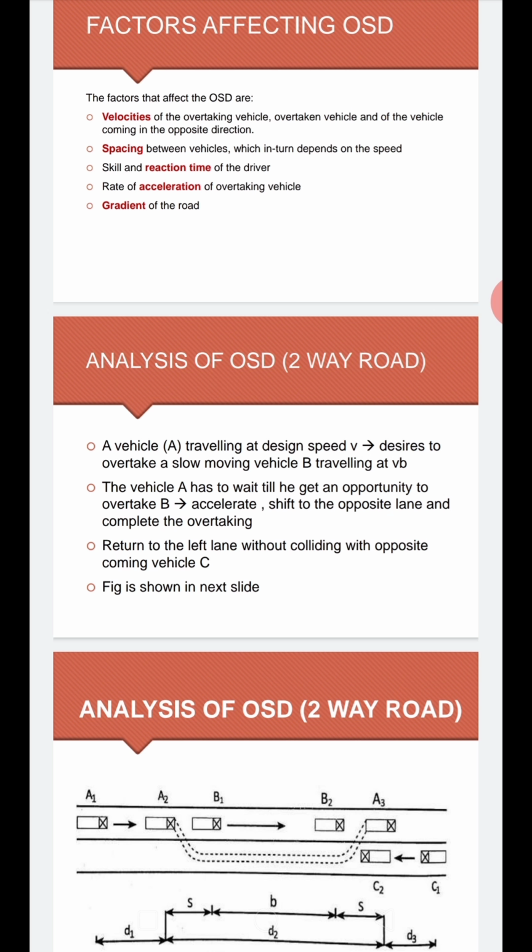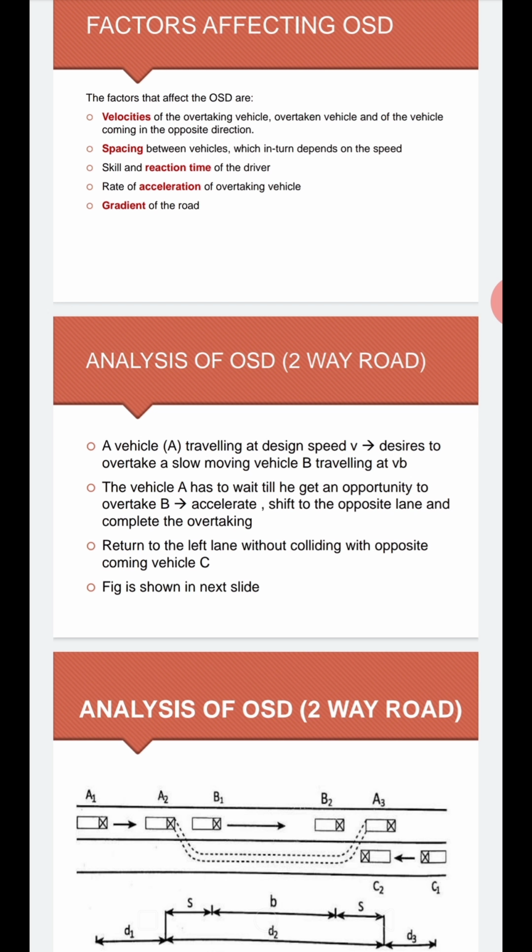If the driver is a learner, he will not dare to overtake. He will like to take more time and prefer much safer opportunities, where there is no opposite coming vehicle, and only then will he overtake. Or the reaction time of the driver.